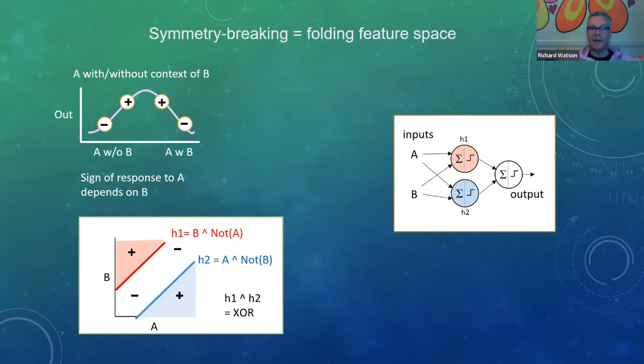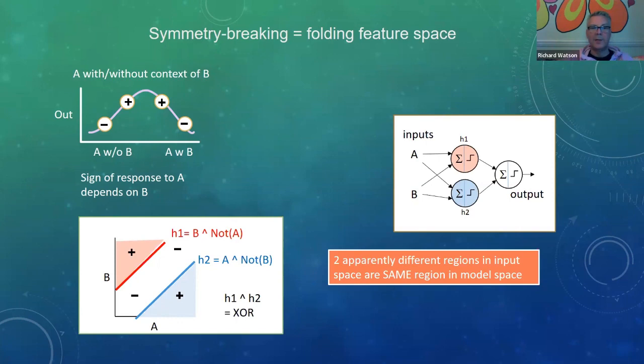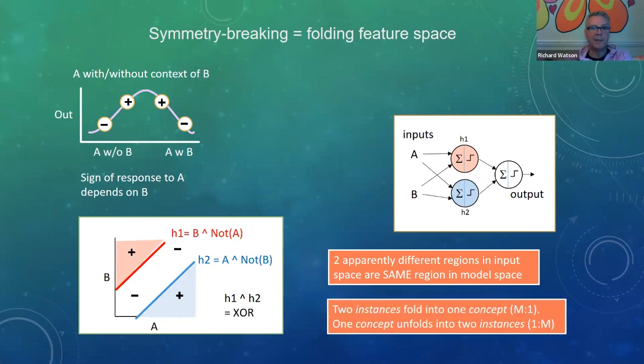We can understand that fold as two apparently different regions in the input space are now the same region in the model space. That the input space is folded such that we have one concept that represents many instances.